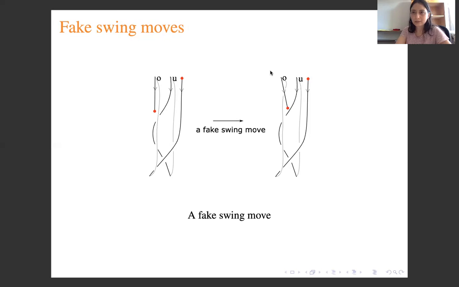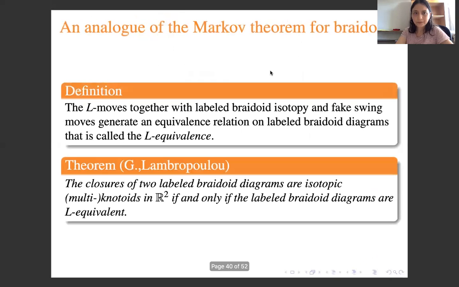So we call this kind of unrestricted swing moves, which result in a knotoid isotopy when we take the closure of the braidoid diagram, fake swing moves. And the L moves together with labeled braidoid isotopy and fake swing moves generate an equivalence relation on labeled braidoid diagrams that is called L equivalence, just as we said.